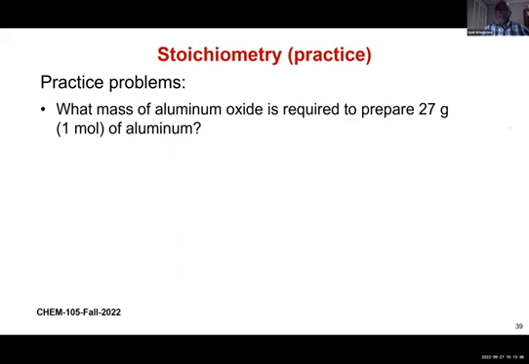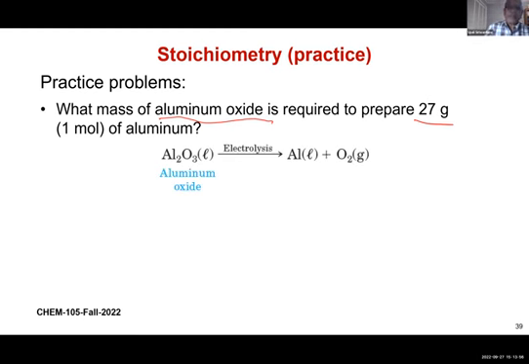The practice, another one. What mass of aluminum oxide is required to prepare 27 grams of aluminum? This is the reaction. Aluminum is produced from aluminum oxide, called bauxite, through electrolysis.